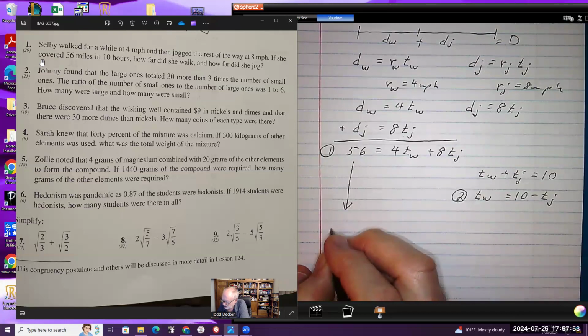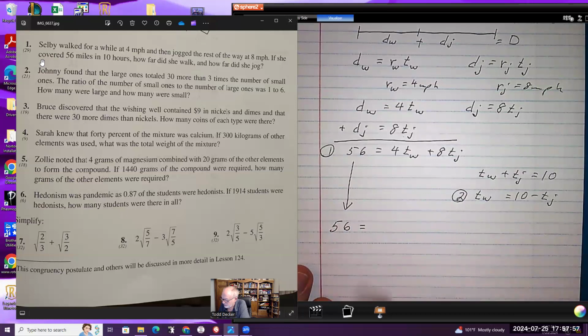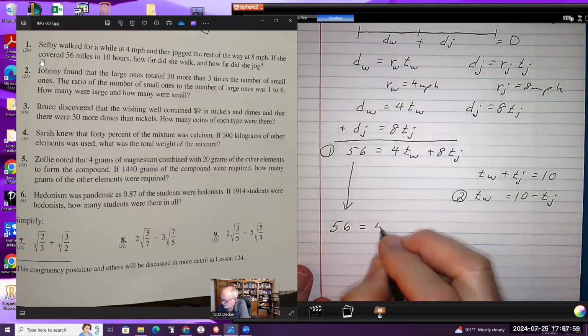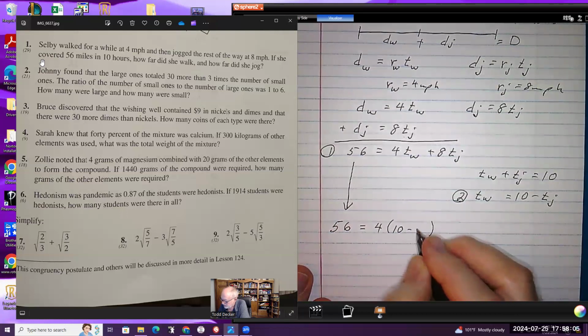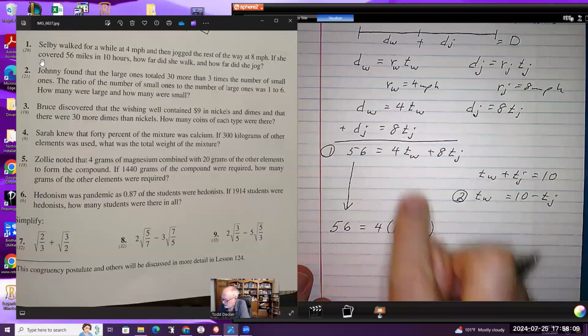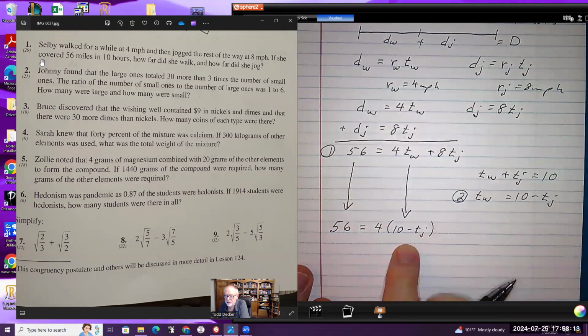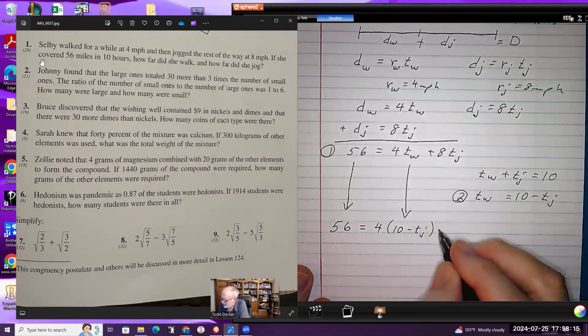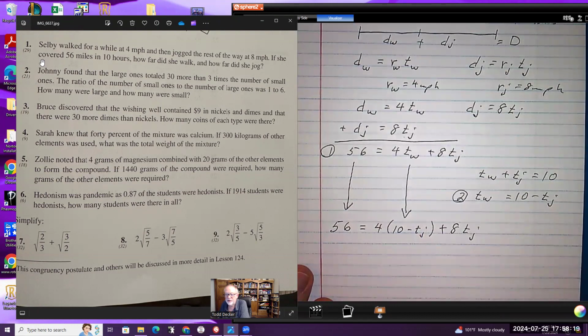Here's our total amount, the distance traveled, 4 times T sub w, but T sub w equals 10 minus the time she spent jogging. So that's our T sub w, right? We've just substituted. And I'm going to add the 8 times the amount of time she spent jogging.